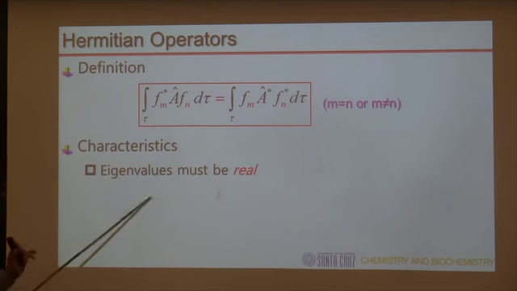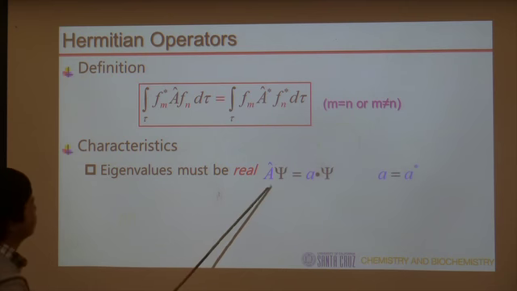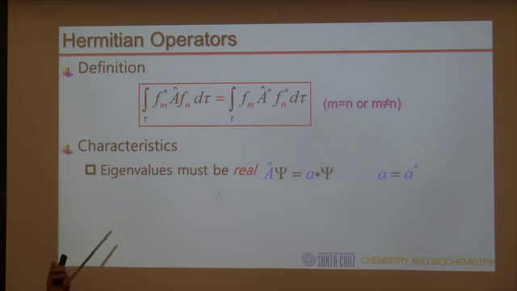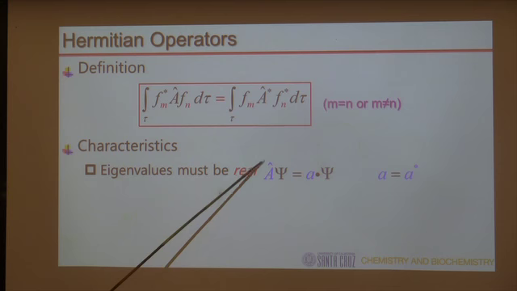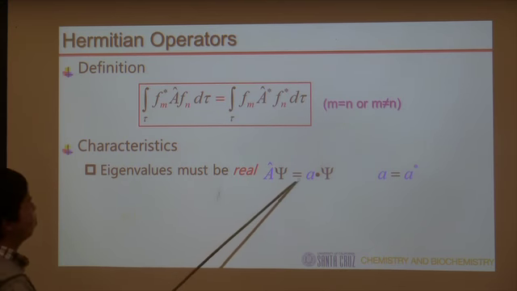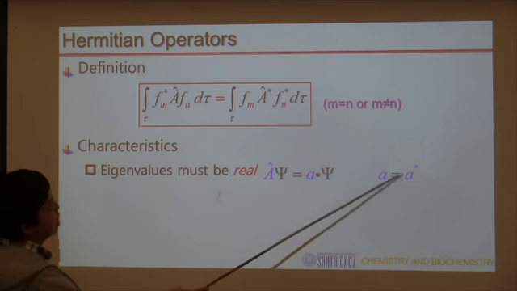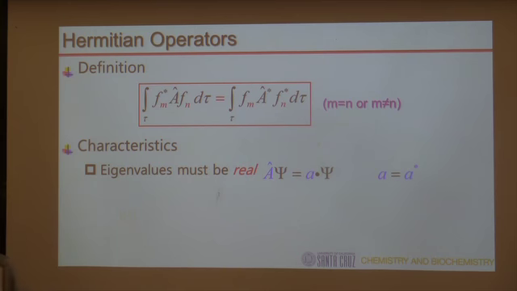The eigenvalues are actually the classical observables, like location and momentum mentioned before, so they must be real numbers. For example, we have the eigenfunction-eigenvalue equation like that. If A is a Hermitian operator and we give you the eigenvalue a, then a equals a star simply because a is real. Any question about this notation?